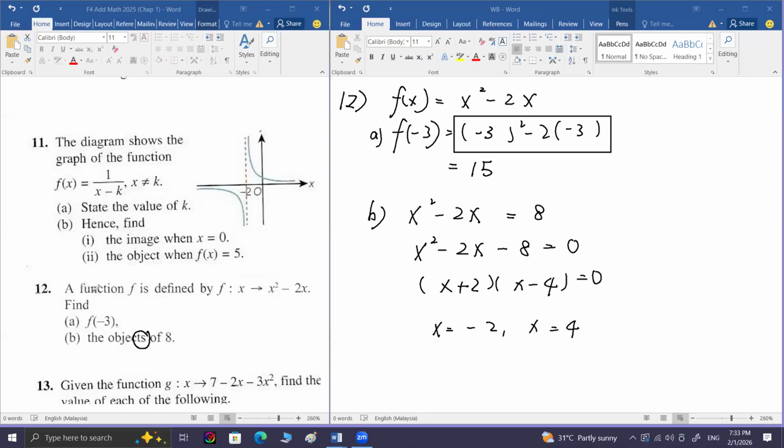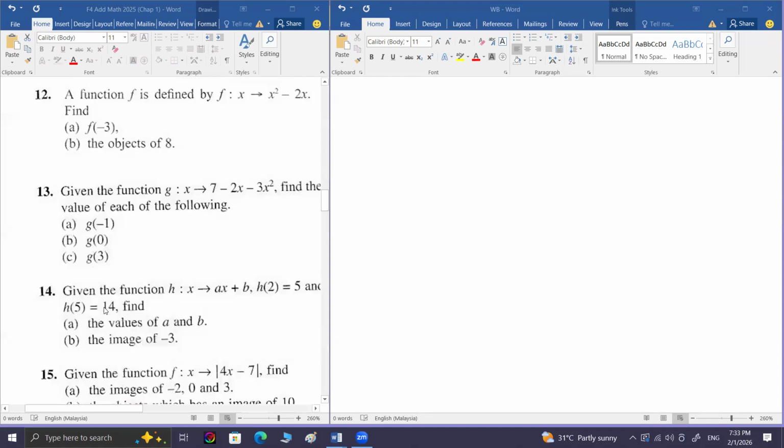Okay, all right, next. Now look at question 13. Can you see I give it like this? It means find what? Same as this one: find image. If find image, the way to do is like this. So g(-1). Wait, I think I write like this better.